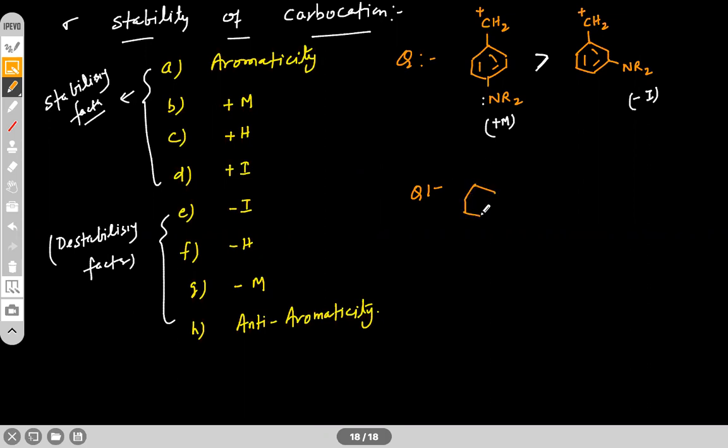Second question. See this one. Here we have NH2.